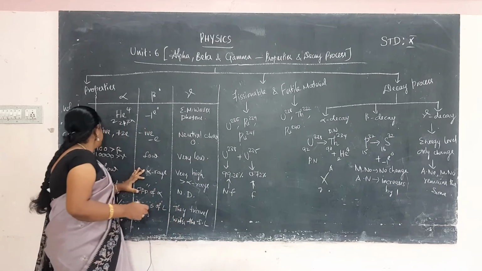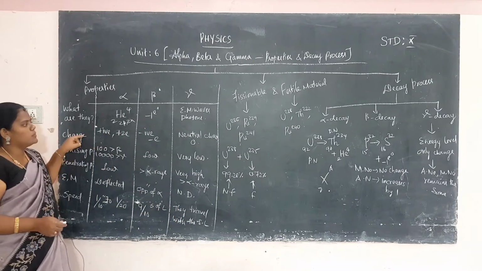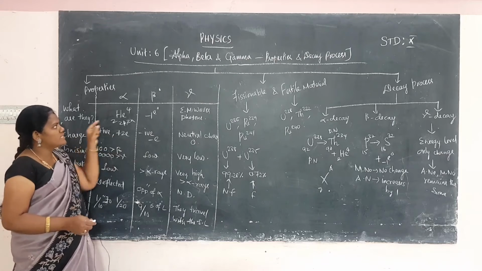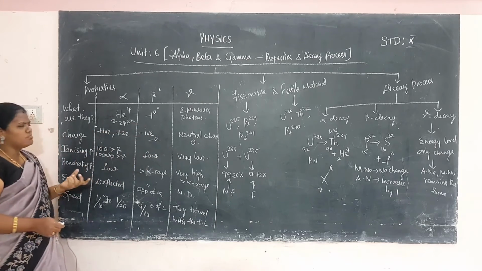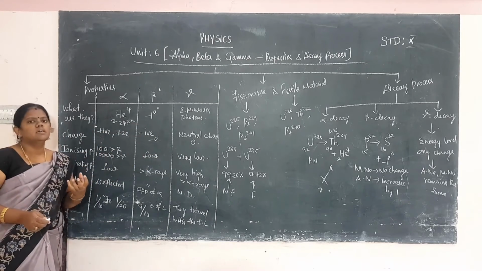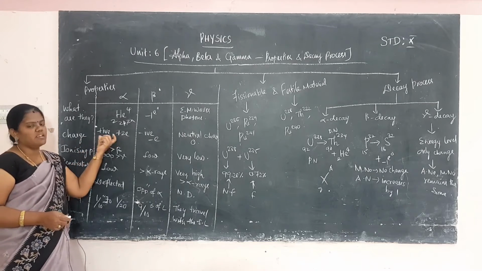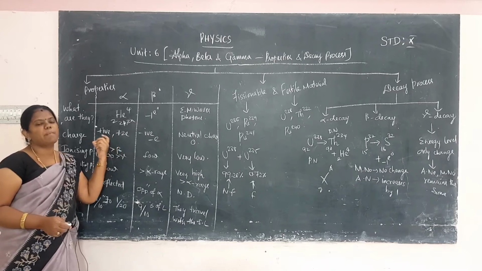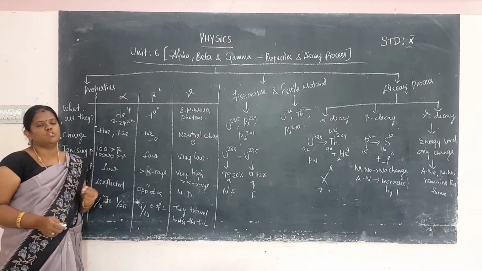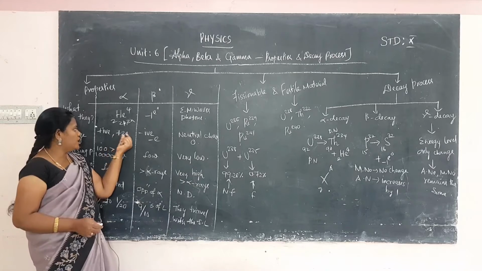Then what is the charge of the alpha particle, the beta particle, and the gamma particle? Charge means having some electron movement. The alpha particle has a positive charge, 2 positive charges, so that is plus 2e.